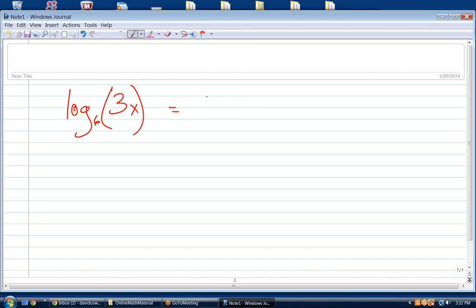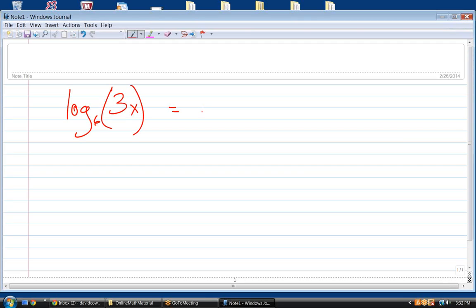Okay, so when you have the log of a product, what is it equal to? It's the same, so it's equal to the log of base b of u plus the log base b of b.